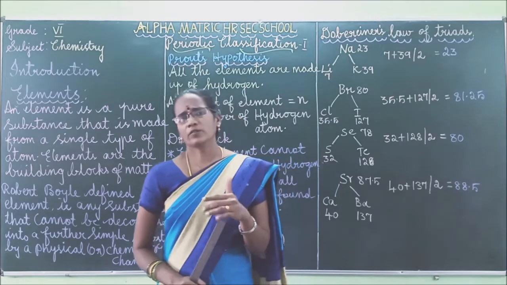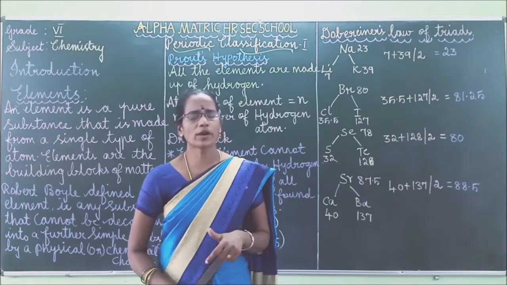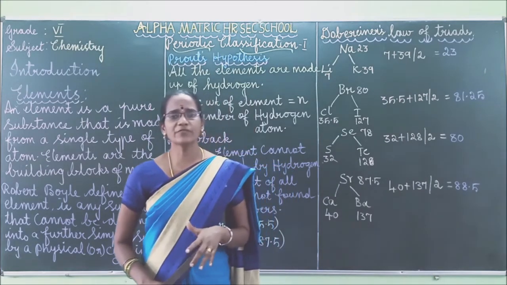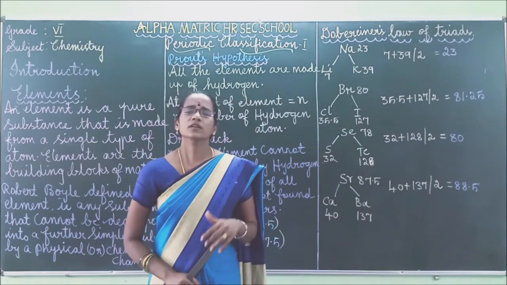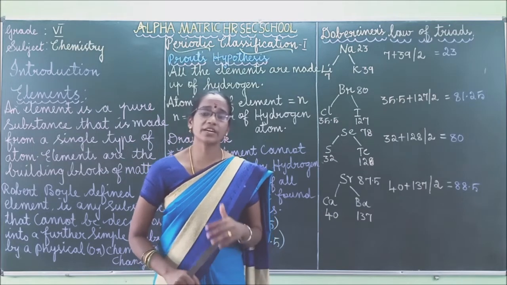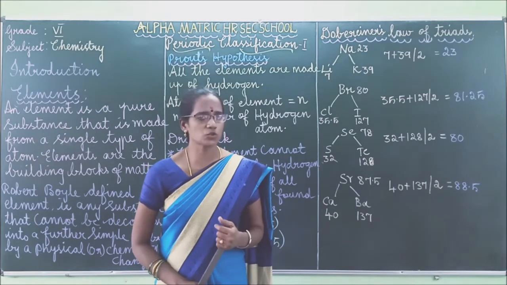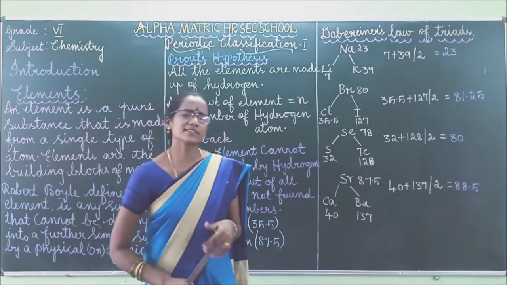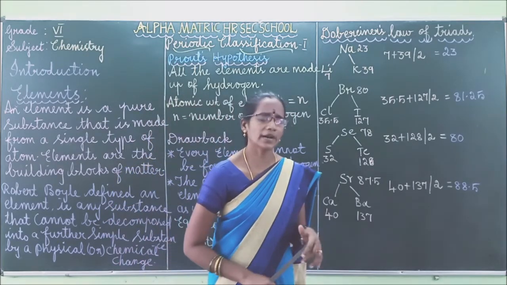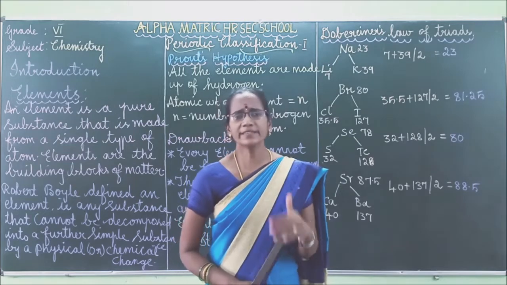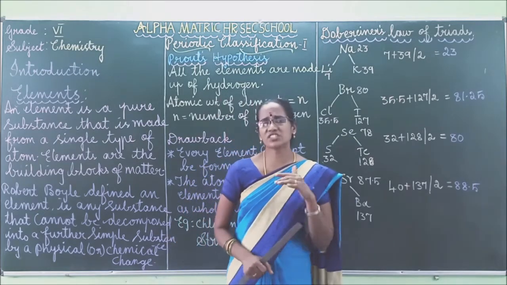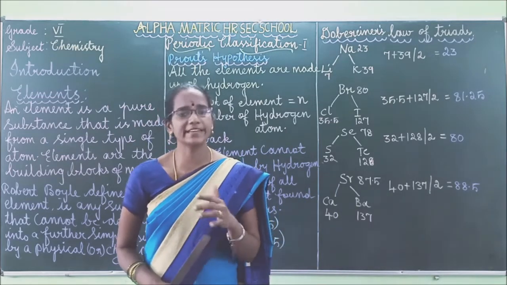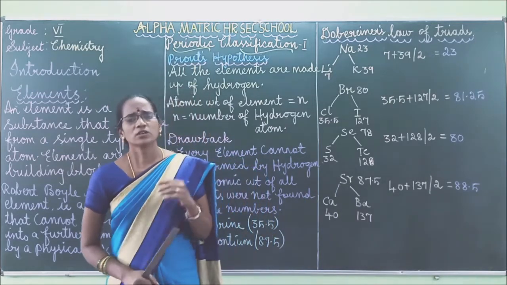And when there were only 31 elements, it was somewhat easy for us to study the properties of each and every element individually. But when this number has risen to 118, it is difficult to study each and every element individually, right?